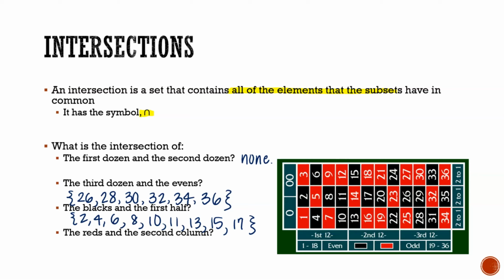Lastly, what is the intersection of the reds and the second column? It would be all the reds that are in the second column. The reds in that second column would be 5, 14, 23, and 32. Hopefully at this point you recognize that the intersection symbol represents the word and.